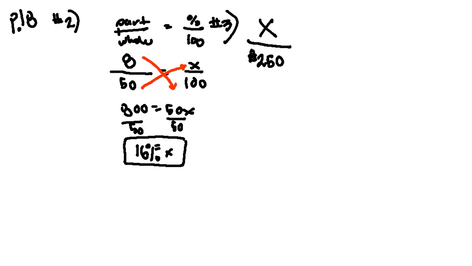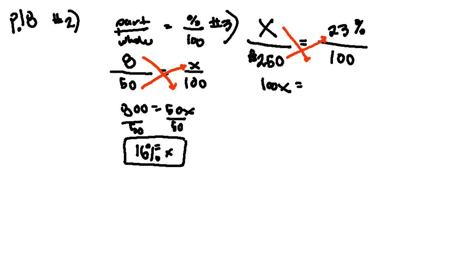Our percentage always goes over 100. We will cross multiply, and we get 100x equals 250 times 23, which is 5,750.